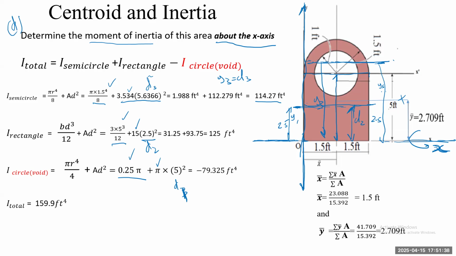So the axis that we're concentrating on in this case is from the center of each figure to the x-axis. Because that is the axis, I would say you must find it around, not the centroidal one this time. Around the x-axis. So you go from the center of the figure each time.